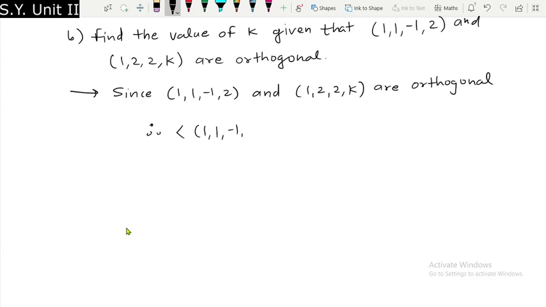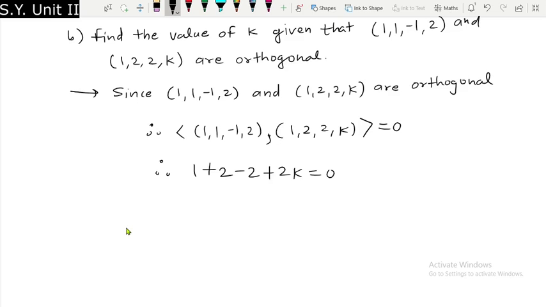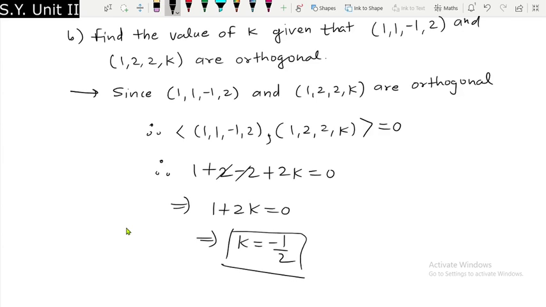If you solve it, it will be 1 multiplied by 1 is 1, 1 multiplied by 2 is 2, minus 1 multiplied by 2 is minus 2, plus 2 multiplied by k is 2k, equal to 0. 2 and minus 2 get cancelled out. This implies 1 plus 2k is equal to 0, and this implies k is equal to minus half. So for this value of k, these two vectors will be orthogonal.